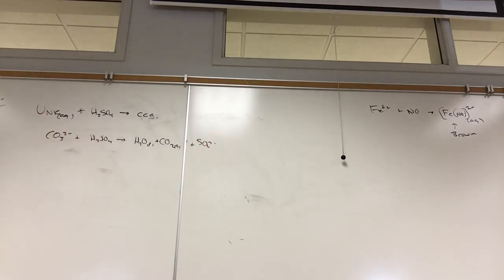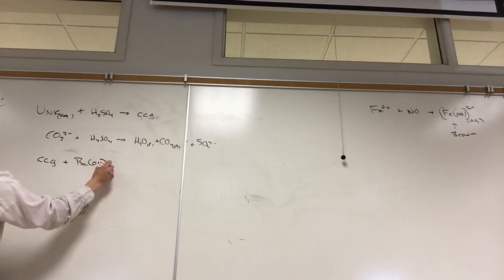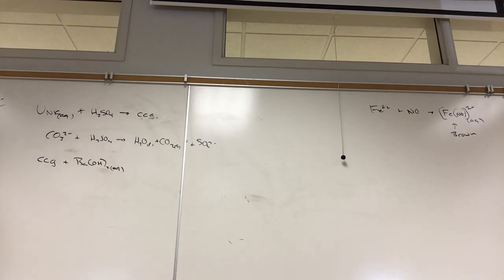Is that all? You hold the barium hydroxide out in the test tube. Then what we're going to do is test the CCG. So CCG plus barium hydroxide, aqueous.